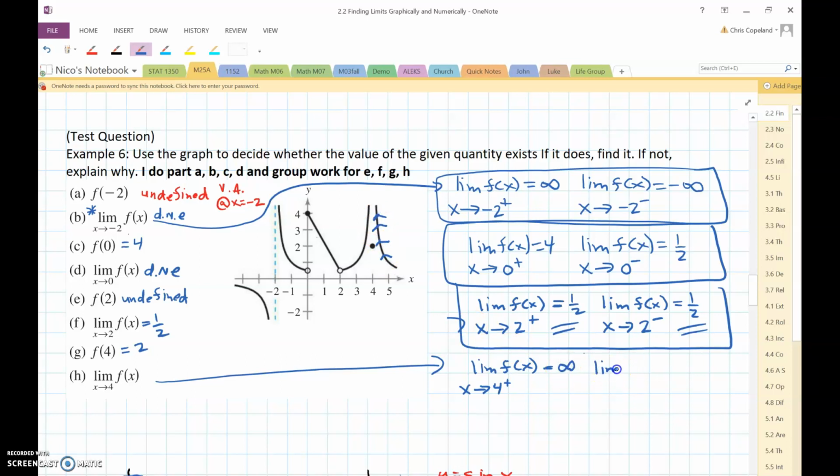And then the limit of f of x as x approaches 4 from the left. That's also going to approach positive infinity. Since the one-sided limits equal each other, we can say that this limit overall exists and it equals positive infinity. Okay, so there's that example.